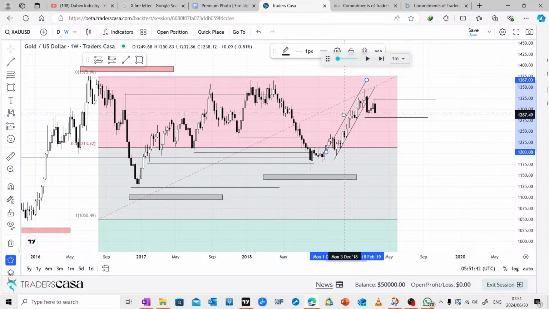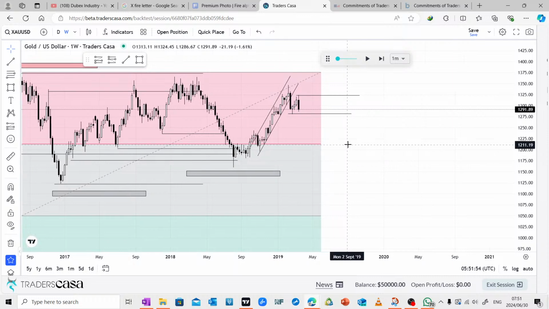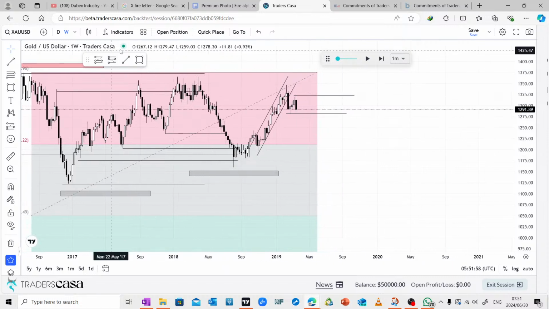And looks like the trend line is sort of valid. Now, looking left, what do we have here?